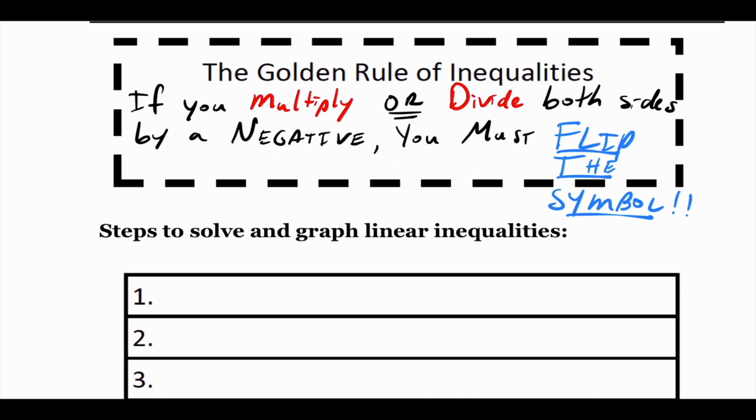Okay? And then the steps, right? I put the steps up here. These are both the 5 steps that go down here. First step, isolate the variable. Get x by itself, get y by itself, whatever we're trying to do.